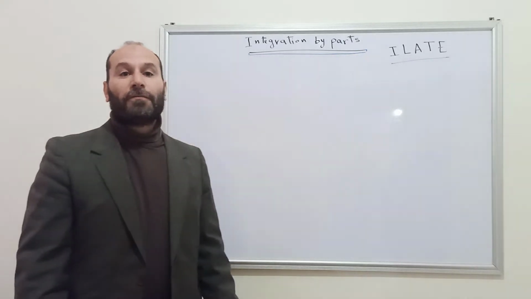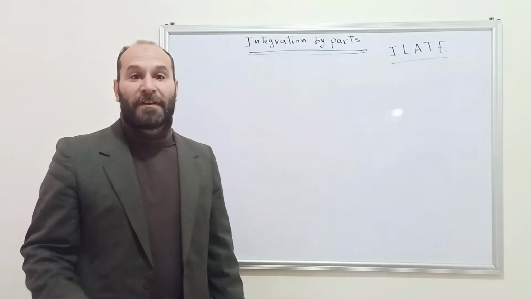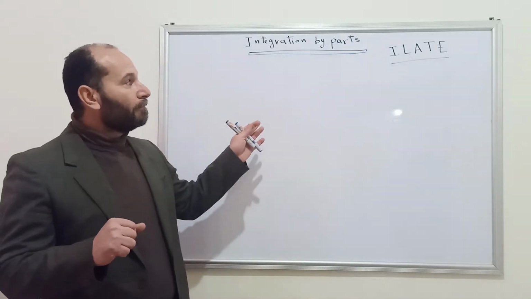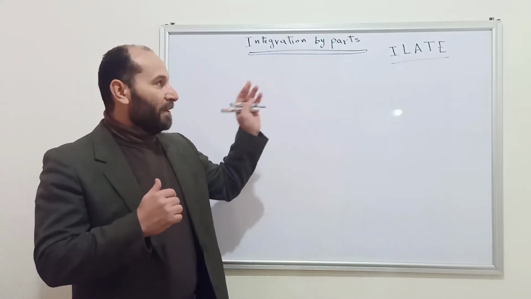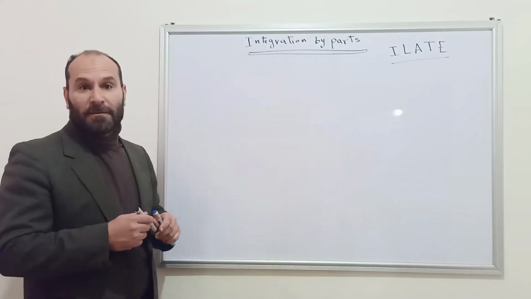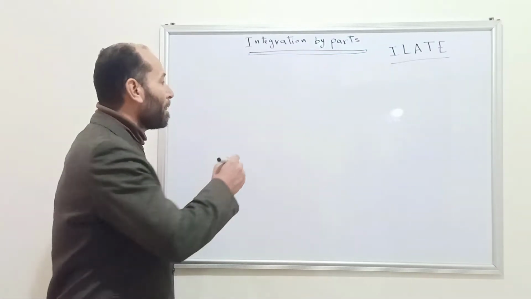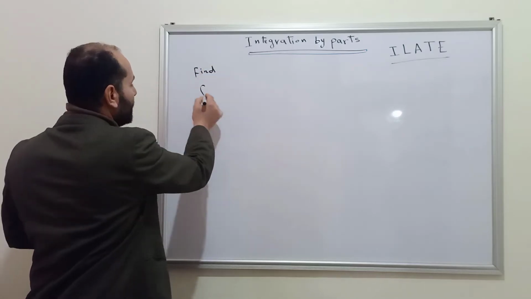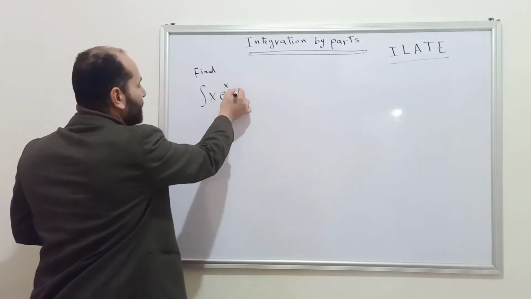This technique of integration follows three rules. One of them is how to define u and v. Let us take some examples. Find the integration of x e power x dx.